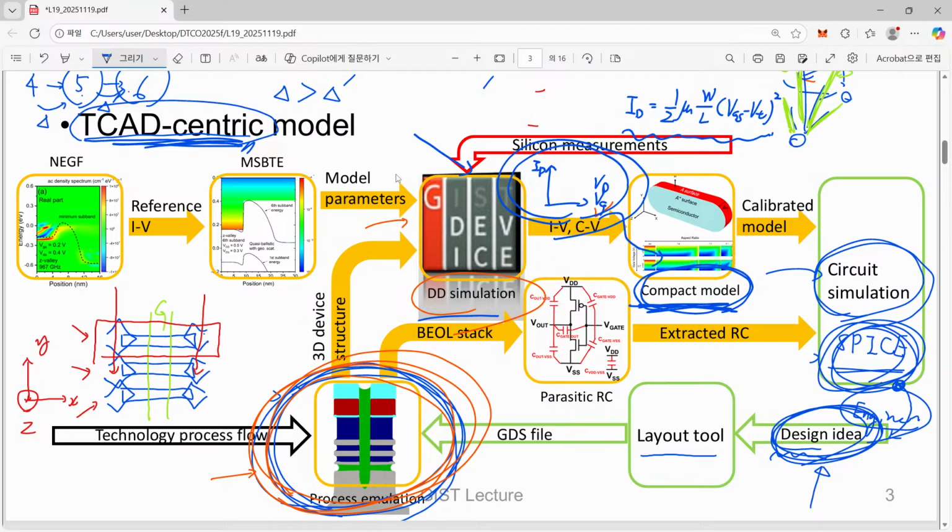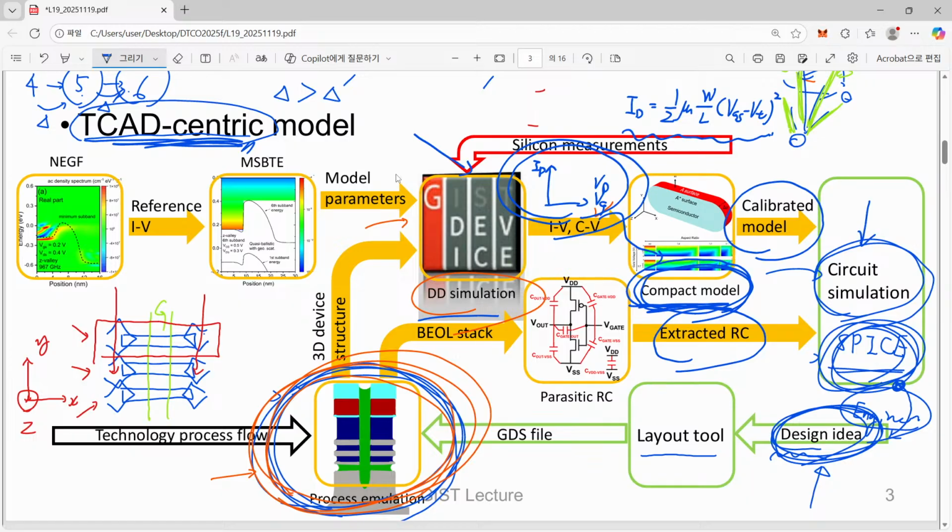They are really measured and you have the real data. Then the real data is matched to your compact model. Once this is over, you have a well-calibrated intrinsic device model and also well-extracted parasitic RC components, and you can perform quite a reliable simulation for your circuit.